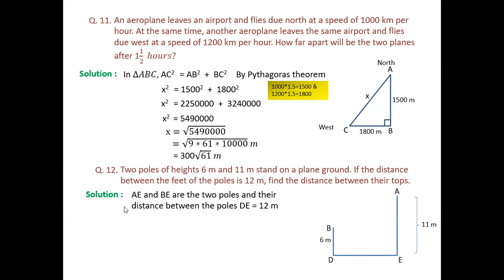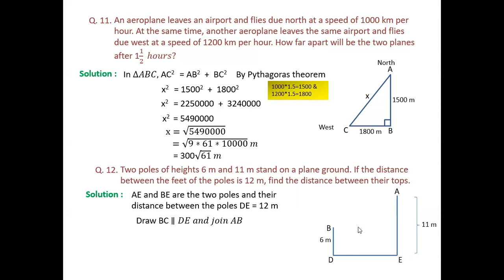AB, AE and BE. AE and BE are the two poles. The distance between the poles, DE, is 12 meters. Draw BC parallel to DE.